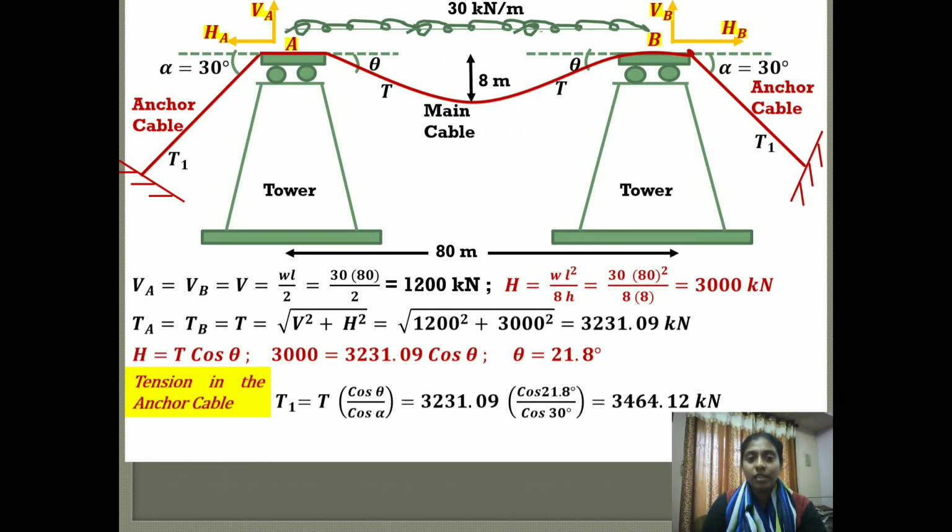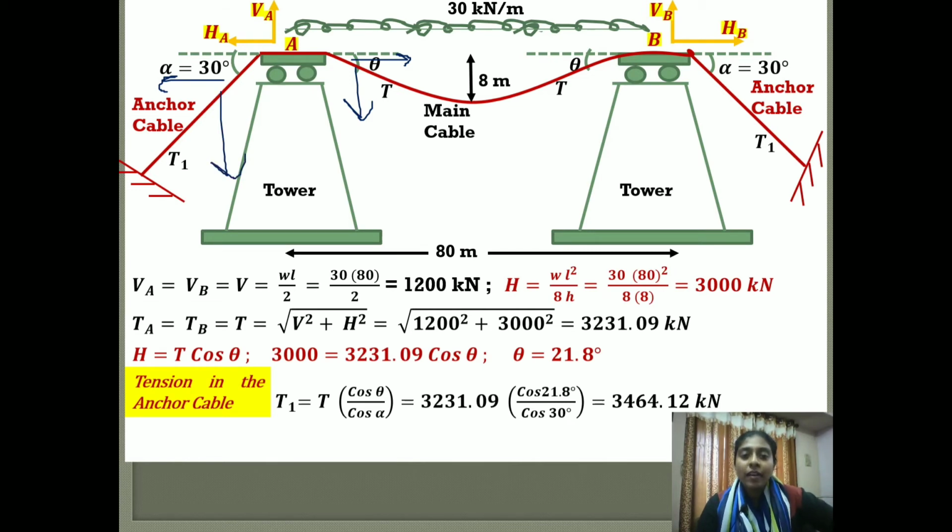Now we got all the values. We know what is alpha, we know what is theta, we know what is tension in the cable T. Now, since it is a roller support, tension in the anchor cable is different from the tension in the main cable. So tension in the anchor cable, we can resolve this T1 horizontally and vertically.